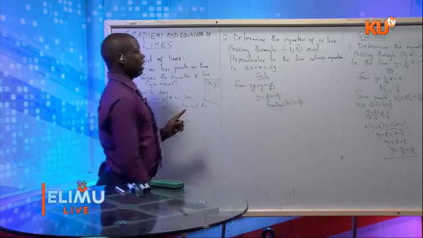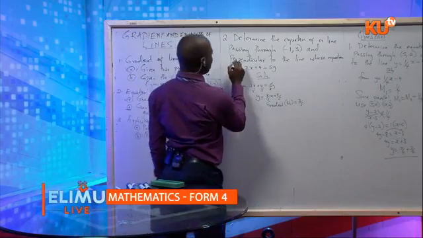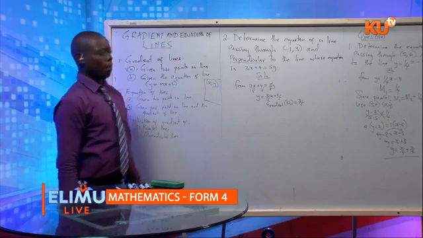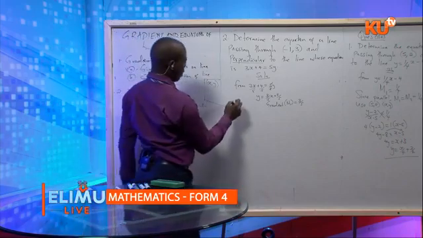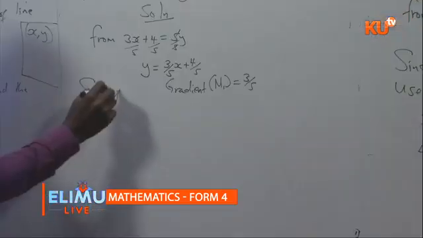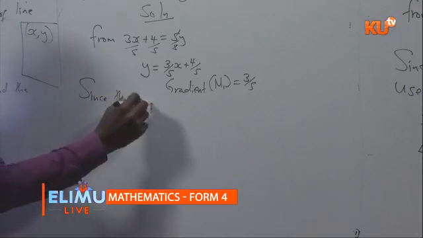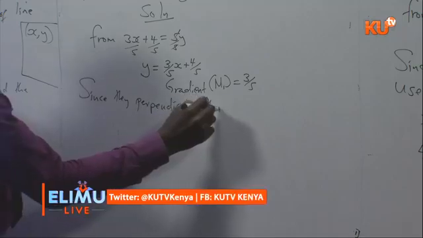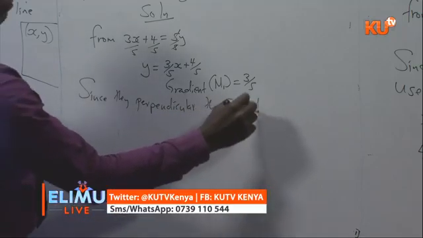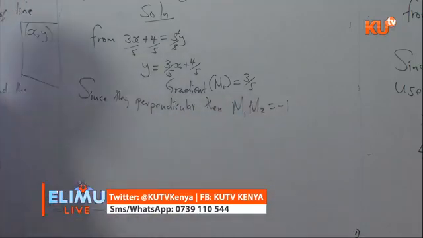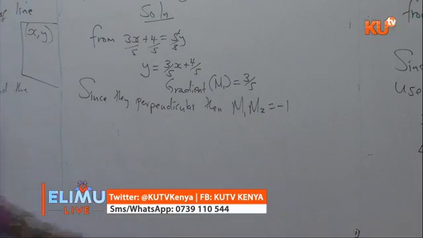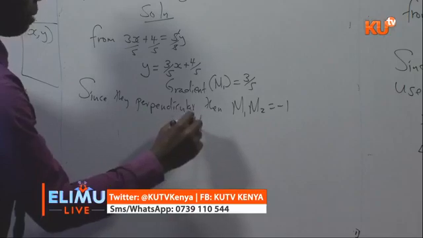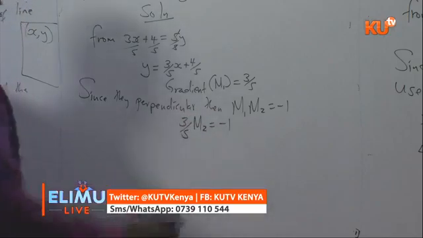And the key thing in this statement is that these lines are perpendicular. Since they are perpendicular, we apply the relation that m1 times m2 will give us -1. So what is our m1? That is 3/5 times m2 should give us -1.